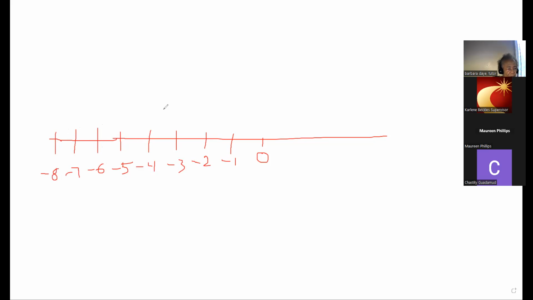Okay, so let me just put a point here. I'll call that X and I'll call that Y. So what we are finding is the distance between a -4 and a -8.